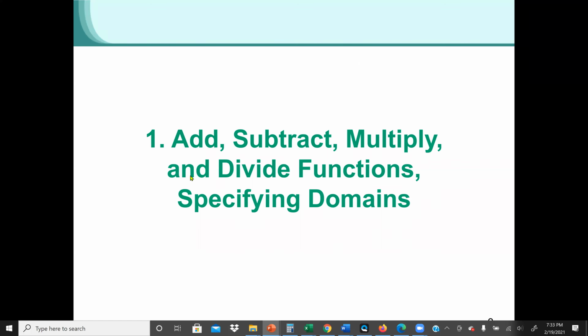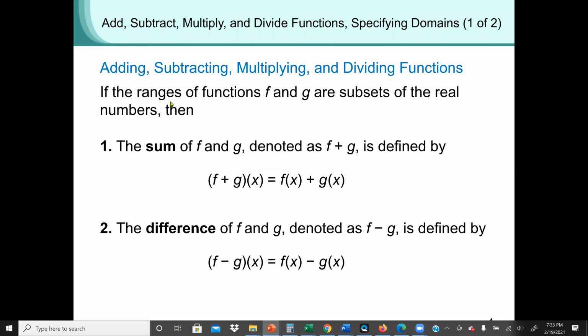So we start with how to add, subtract, multiply, and divide functions by specifying domains. So here we say adding, subtracting, multiplying and dividing functions.